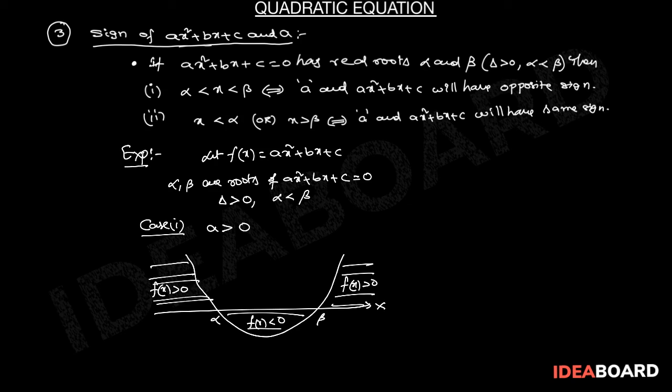So that is, if alpha less than x less than beta, that is implied by a and ax square plus bx plus c have opposite signs.